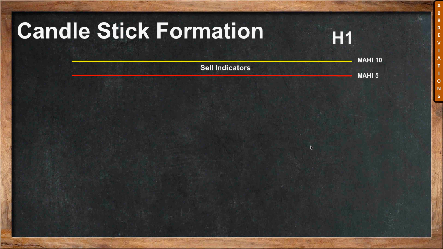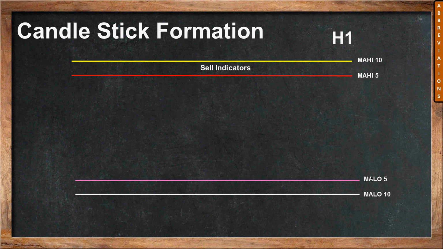They are called sell indicators, and we have MALO 5 and MALO 10, which are buy indicators. So we have two pairs of indicators that help us define where we can enter for buy and sell. It's really straightforward, because we are going to sell at the highest price, and we're going to buy at the lowest price.